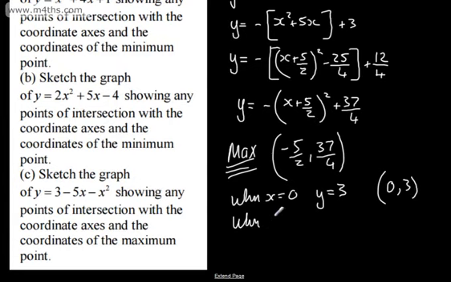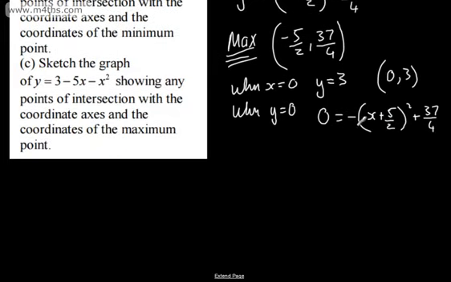When y is equal to 0, 0 will be equal to this right here, which is negative x plus 5 over 2 all squared plus 37 over 4. So just rearranging, we can add this x plus 5 over 2 all squared to both sides. So x plus 5 over 2 all squared is equal to 37 over 4.